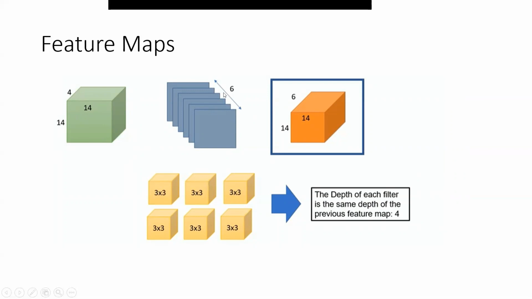So 6 feature maps would be created, and these 6 would have different important features of the image. After that, we'll consolidate all the important features from each feature map and proceed further, which we'll check in the further slides.